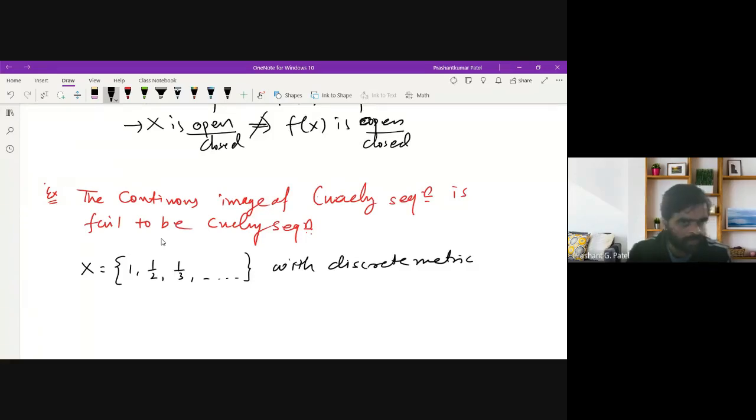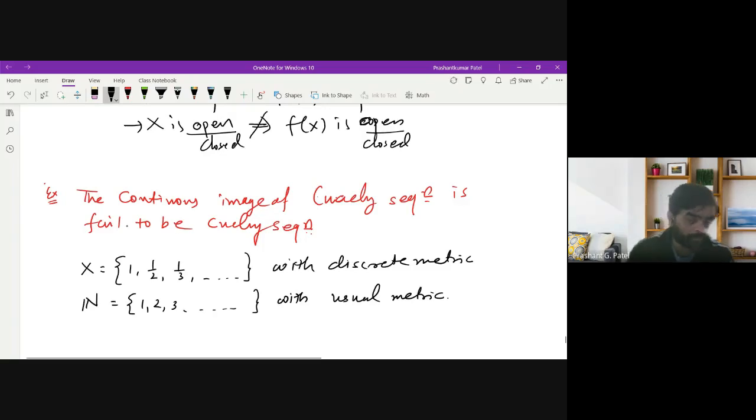And I am defining N, which is the set of all natural numbers, 1, 2, 3, and so on, with the usual metric. That means any two elements we pick in N, the distance between them is the difference of them.